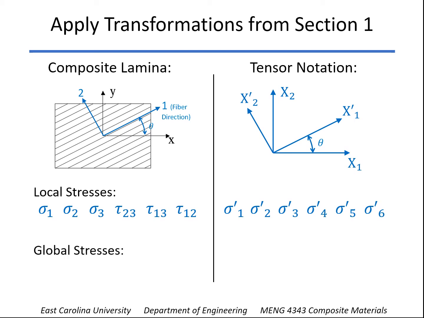For global stresses, we're now going to have sigma x, sigma y, sigma z, the normal stresses, as well as the 3 shear stresses. Again, those would relate to the unprimed values in tensor notation. I know this is a little bit confusing, especially since we use the 1, 2, and 3 in both. But we're going to leave the tensor notation behind here really quickly and do everything else in our composite notation: 1, 2, and 3 representing local, and x, y, and z representing global.